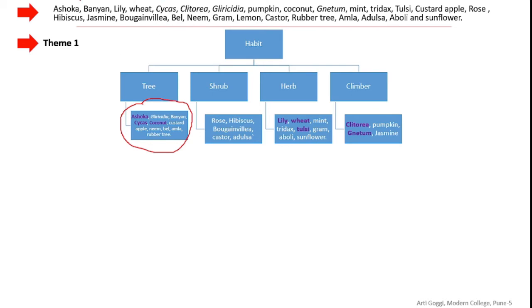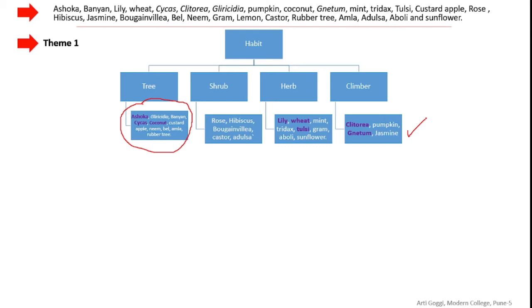Similarly, look at the climbers. In the climber category also, I have brought Gnetum along with other climbers. So gymnosperms and angiosperms are grouped together, which is not acceptable. When I look at the relationship between the plants in one group, that is not a natural relationship.